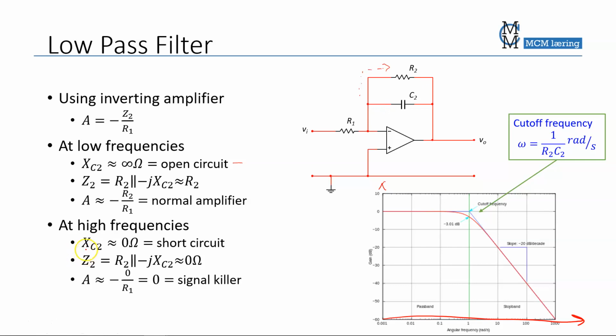Therefore, at high frequencies, the capacitive reactance becomes 0. The impedance is something in parallel with 0, which is 0. And the overall gain is 0 over R1, which is 0. It's a so-called signal killer, so it will kill the high frequencies. So that was the low-pass filter.